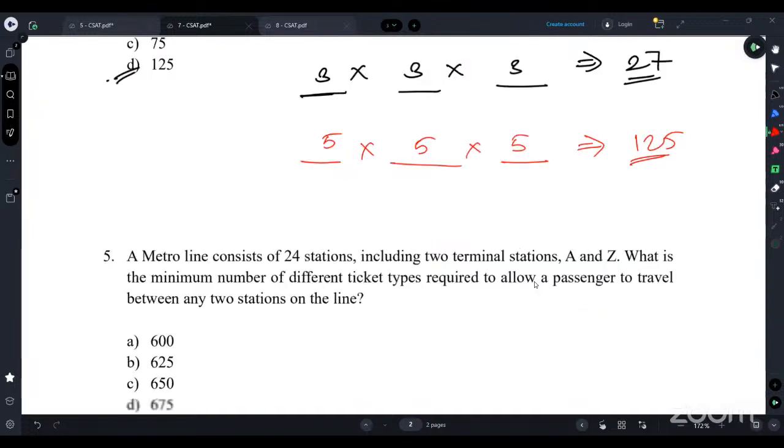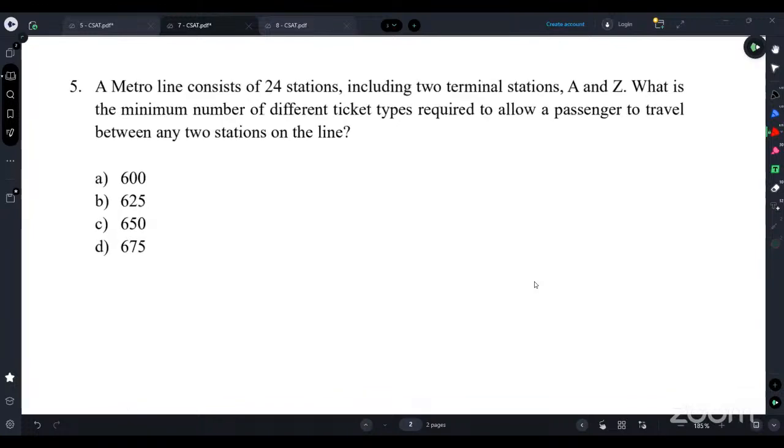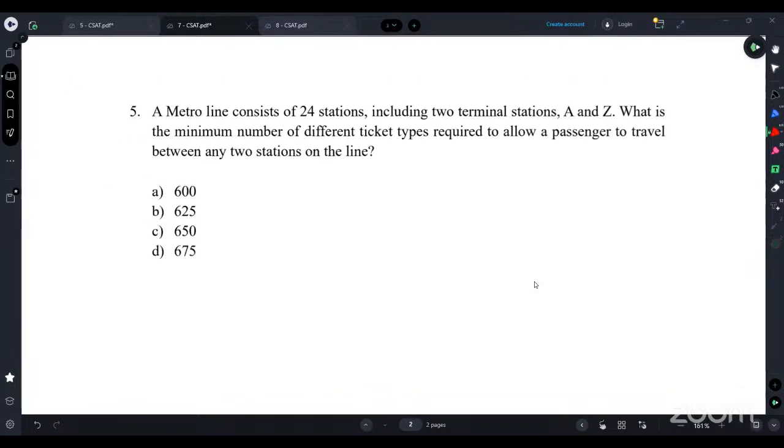Fifth one. Okay, I'm solving the fifth question, guys. Just pay attention. A metro line consists of 24 stations, including two terminal stations A and Z. Now what do they mean, guys?